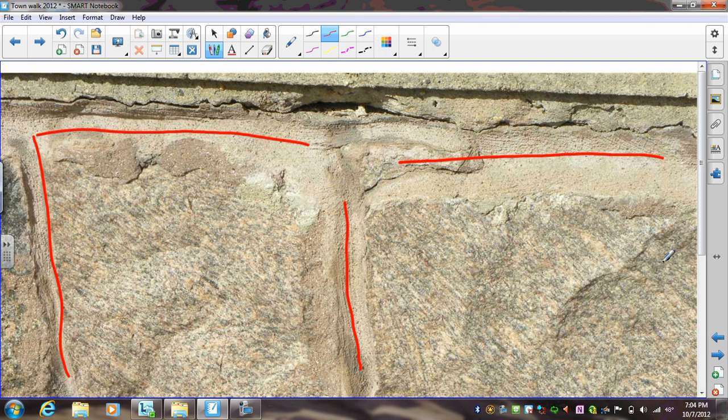And so what I would want you to do is, from what you see here, these are obviously the same type of rock. How would you describe it? Would you call it igneous, sedimentary, metamorphic? And once you make your decision, what did you base that on?